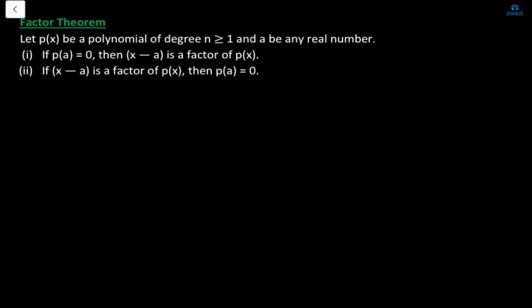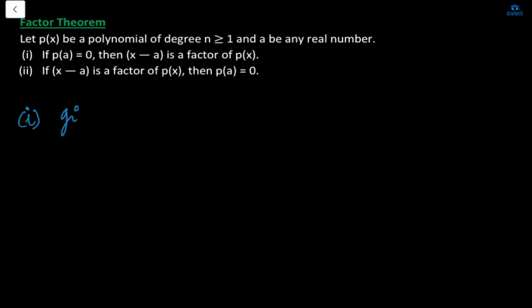Now let's quickly see the proof of this, and then we will come to some examples. There are two types of questions related to the factor theorem. First we take the case when p(a) is equal to 0.